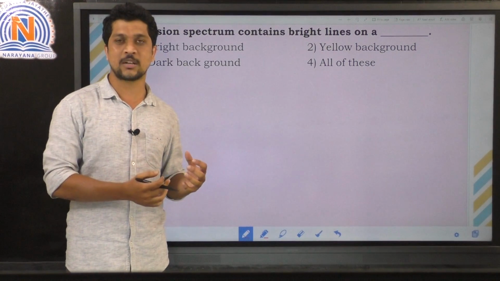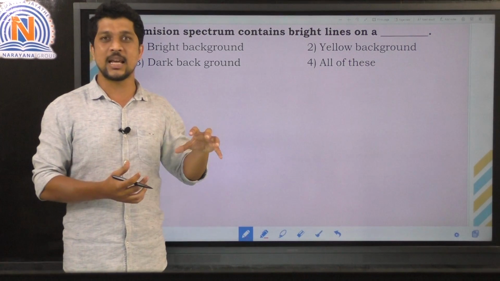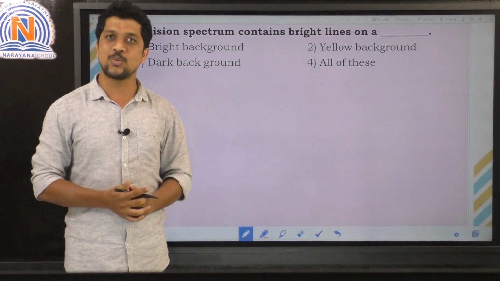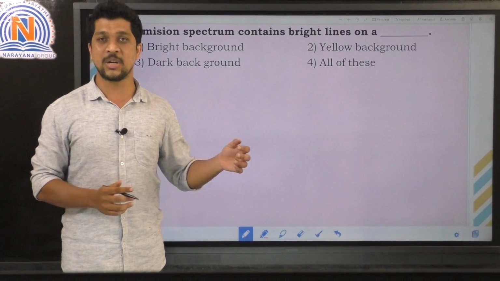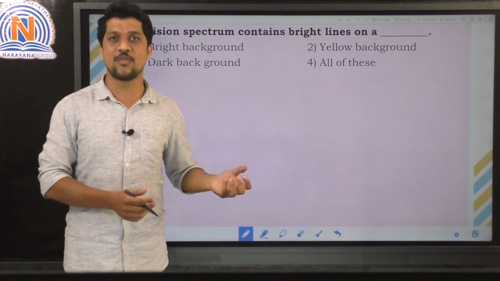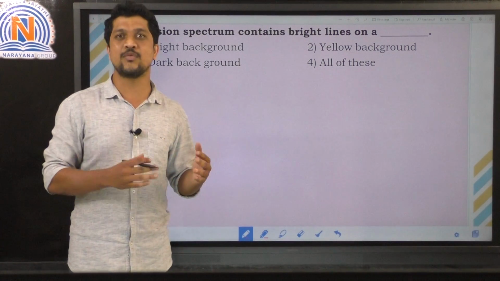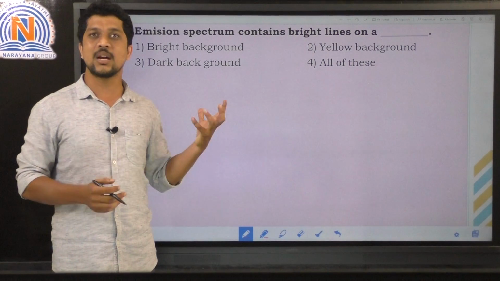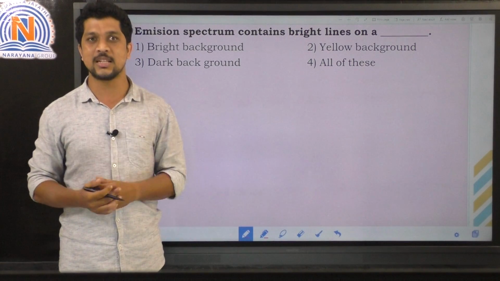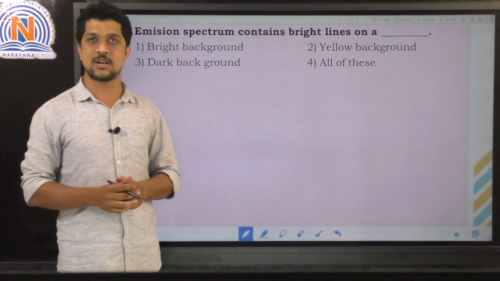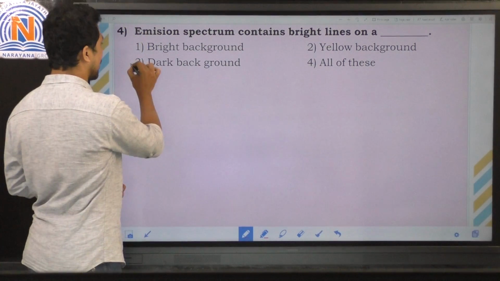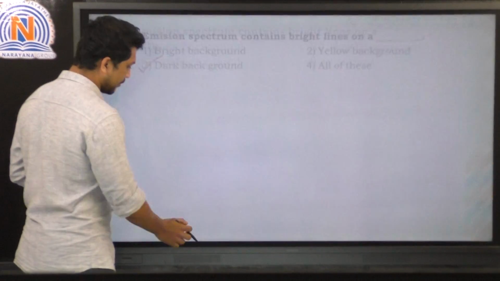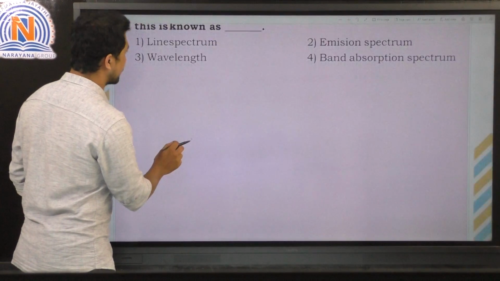Because in emission spectrum, we are analyzing the light given off whenever the excited electron comes into the ground state. When you pass that light through the prism, it gives the emission spectrum, right? So the emission spectrum contains bright lines whenever the background is dark. So the correct option is the third option. Let's move on to the next question.